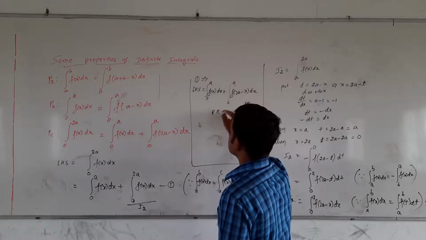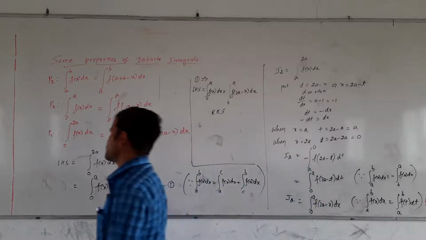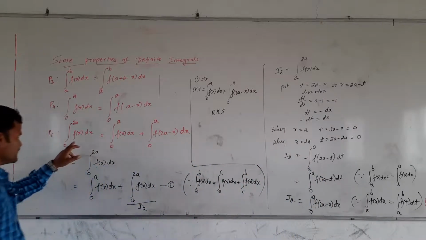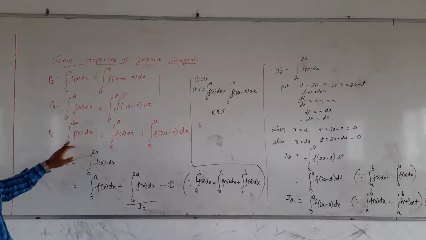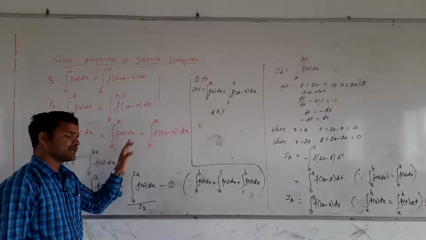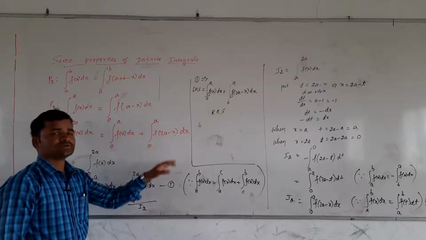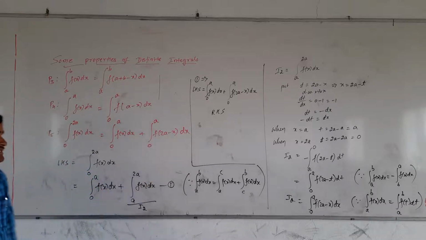This is the RHS. Hence, we have proved the property: the integration of f of x from 0 to 2a is the integration of f of x from 0 to a plus the integration of f of 2a minus x from 0 to a with respect to x. This is property P5.